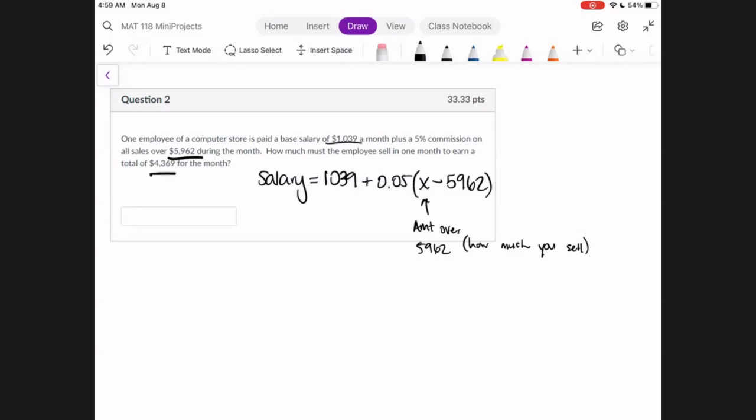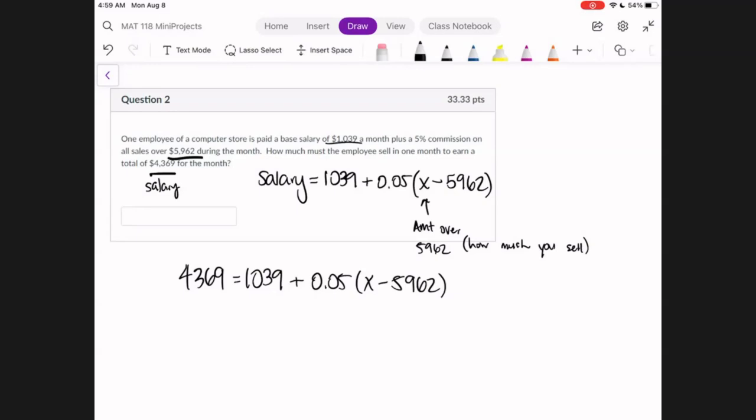So if we do 4,369, because that's your salary, I'm just rewriting everything with my salary value. I want to know what x is going to be. How much do I need to sell? Okay. So now it's just simplifying and solving for x pretty much.